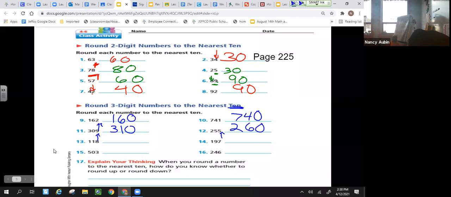Excellent. All right, so now we're going to look at 118. You should have kept the 1. And Lennox, would I round 18 to 10 or 20? Look at the 8.